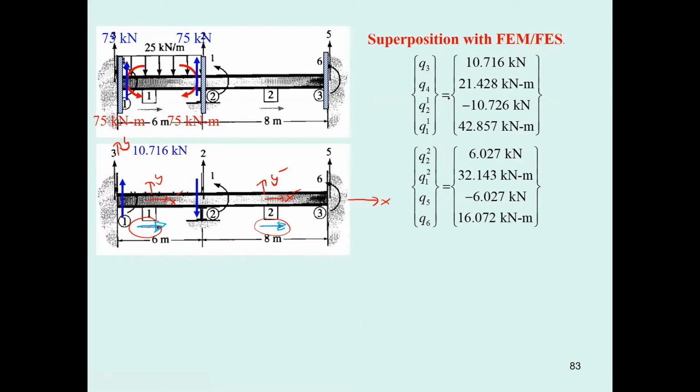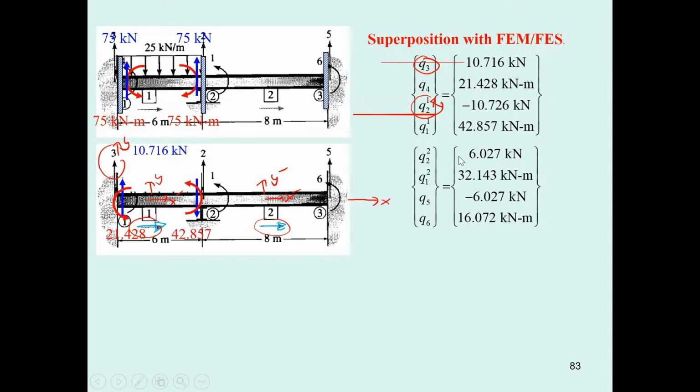Okay, the force here Q3 is upward, and Q2 in member number 1 is going to be downward. Then you put the moment. The moment Q4 in member 21 is going to be in this direction, following the right arrow, and this one also put over here.